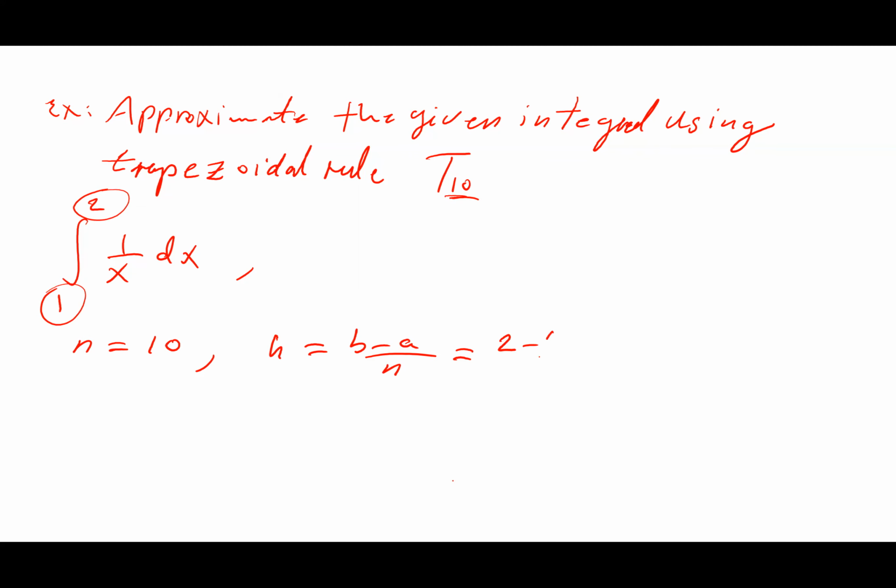So this is 2 minus 1 divided by 10, equal to 0.1. This is h. So xi will be a plus ih, which is equal to 1 plus i multiplied by 0.1.